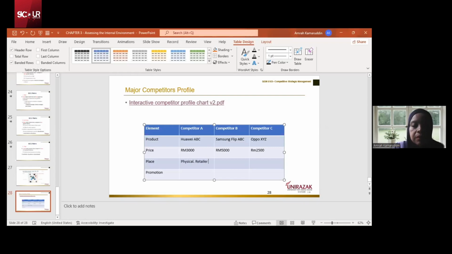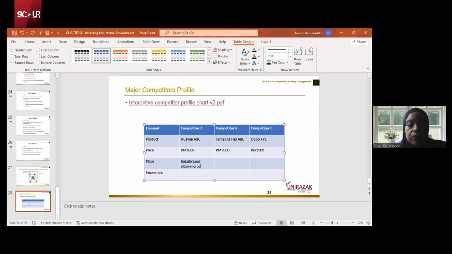Retailer can be a physical shop also, or maybe you just put their retailer, meaning the agents, all retailers. Or maybe in social media, or maybe in e-commerce. E-commerce, for example, like Alibaba, Lazada, Zalora, that's e-commerce. So for competitor B, also the same, retailer and e-commerce.